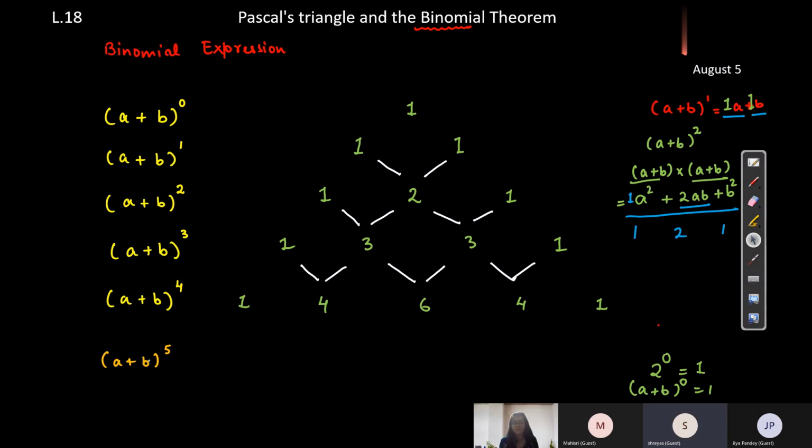Whatever will be the terms in the expansion of A plus B raised to 5, there will be some expansion. So what will be the coefficients of those terms? You just have to continue this triangle. Oh, all right. So 1, 5, 10, 10, 5, 1. Exactly.